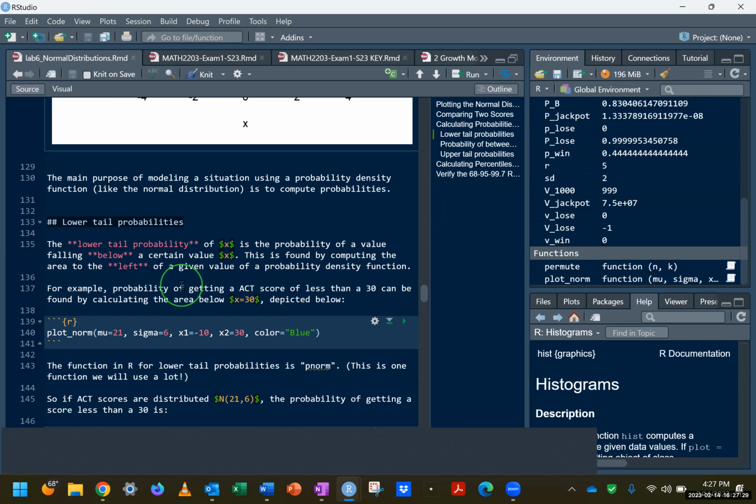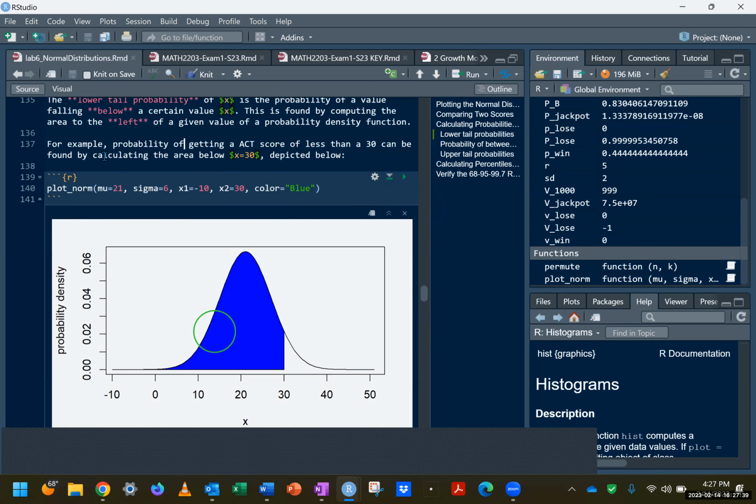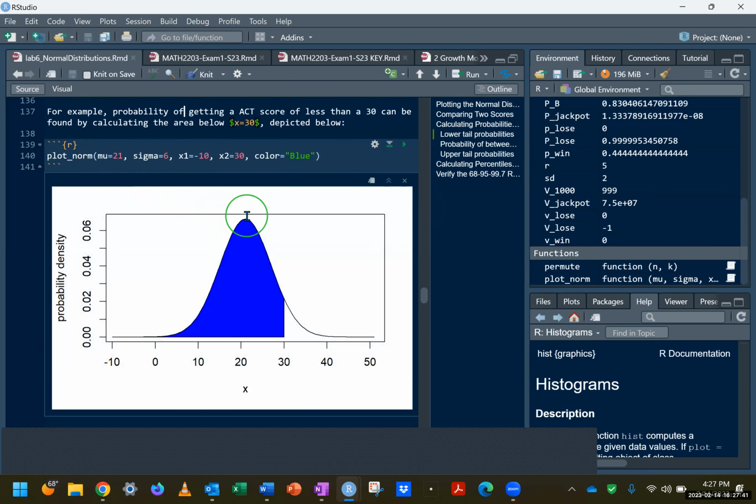Here we have a graph that's going to be the distribution of ACT scores 30 or less. The mean here is 21. That's the center of the distribution. Sigma just determines how spread apart it is. Then I want to shade everything from -10, so as far left as we can distinguish on the graph, up to 30.